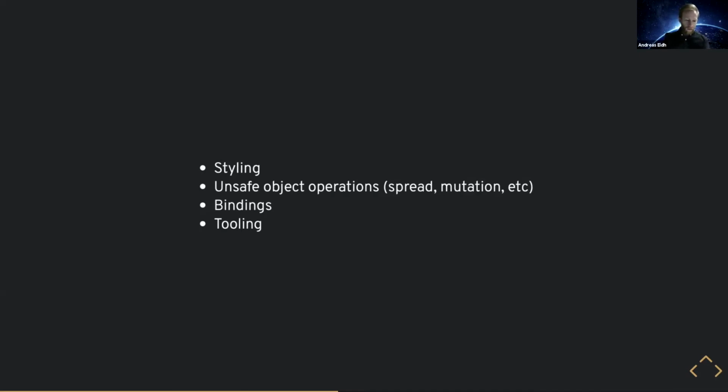So there are some unsafe operations that you need to do. For example, updating the Apollo cache, you need to spread the objects or spread stuff onto an array or mutate it. Those kinds of things are not very nice to do in Reason. So what we tend to do is just do that in JavaScript instead.